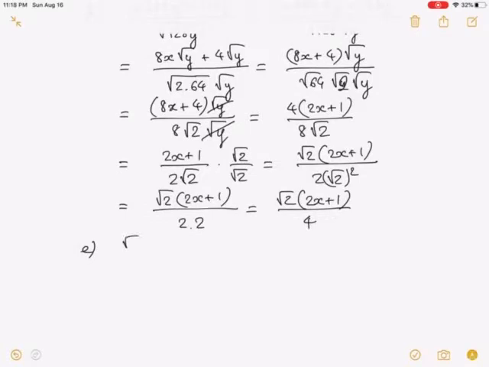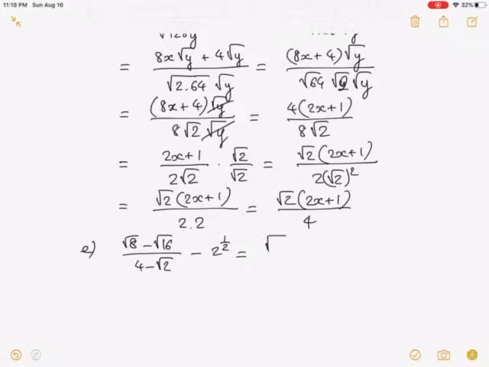One last example. Square root of 8 minus square root of 16 over 4 minus square root of 2, minus 2 to the power of a half.